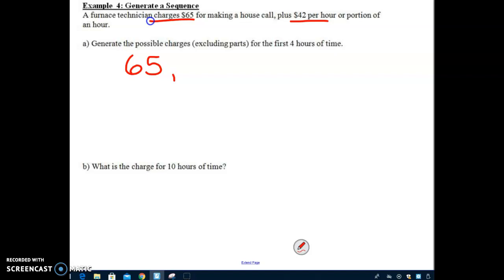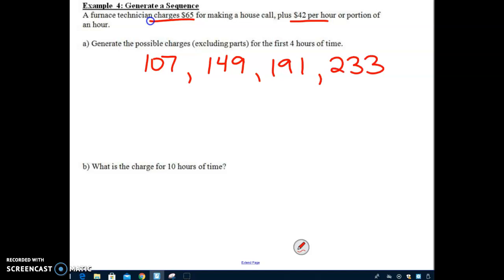So that actually means that the first hour would be $107, because again, $65 just to show up, and then the $42 for the first hour. So if I add another 42, that takes us to $149 for 2 hours of work, $191 for 3 hours of work, and $233 for 4 hours of work.